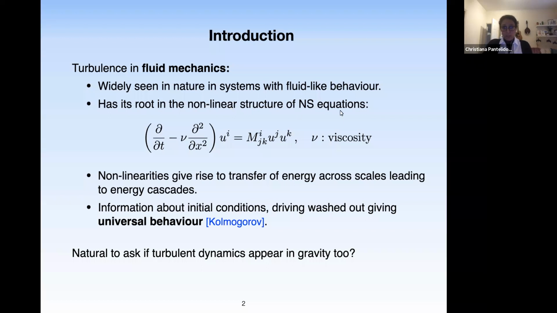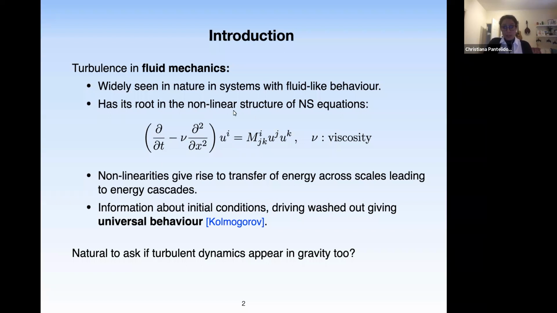Here I'm giving you the Navier-Stokes equation for a non-relativistic incompressible fluid. This equation governs the dynamics of the fluid velocity field, so it gives us its time evolution.